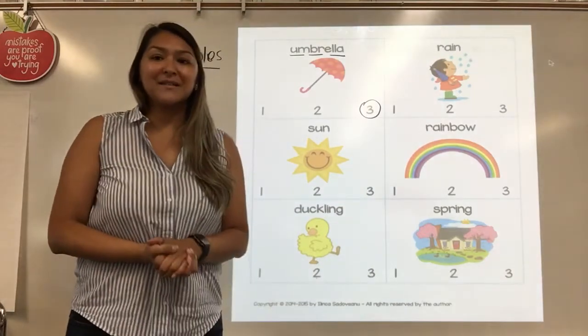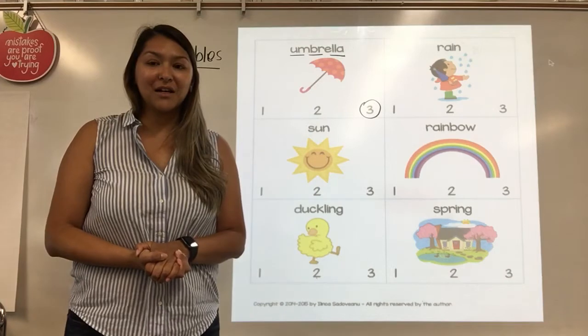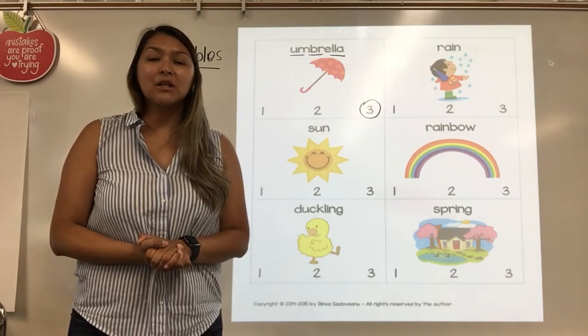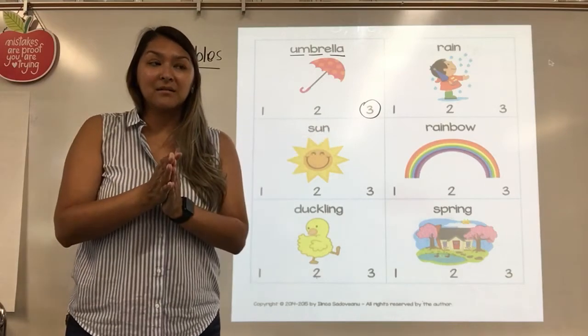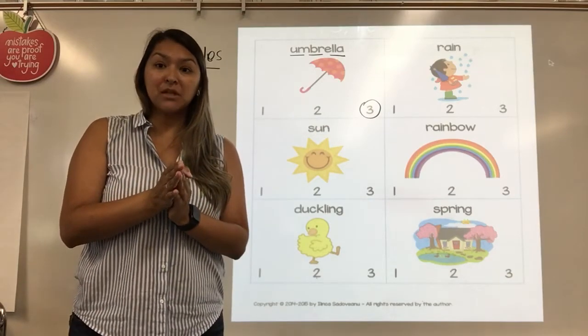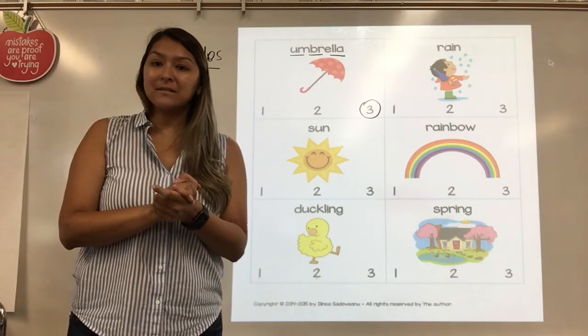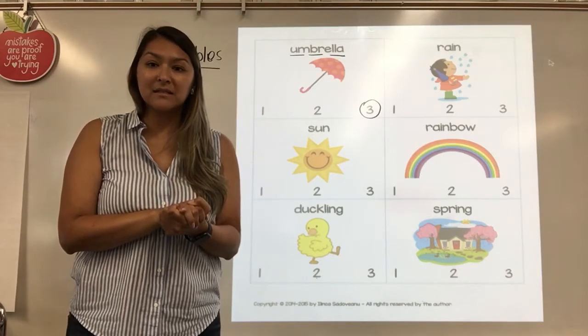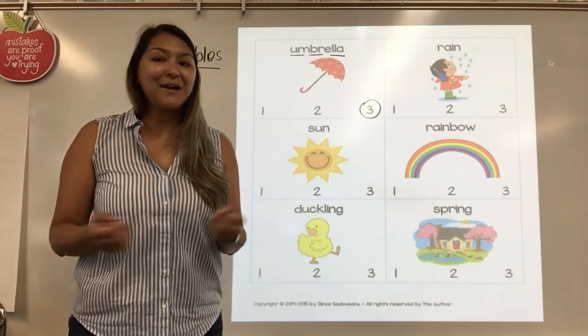Let's say the word sun. Say it with me. Sun. Good. Now let's try to break that word up with claps. Sun. Let's try that again. Sun. How many syllables do you think the word sun is? Can we break it up? I don't think so.